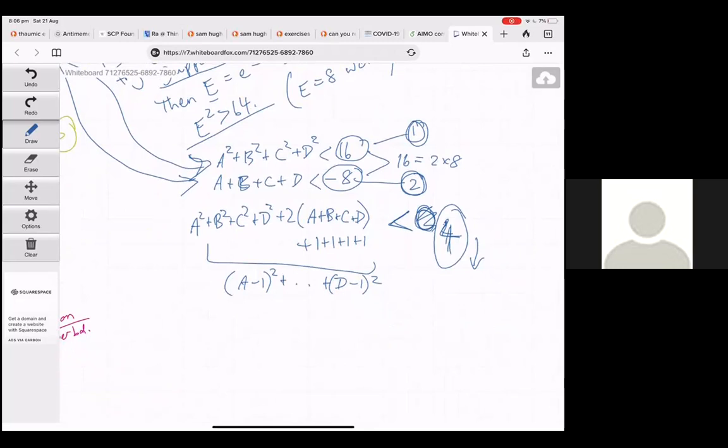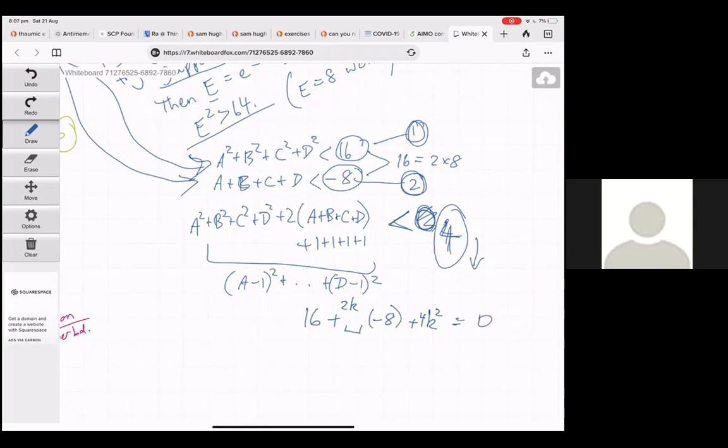So if I did 16 plus some value k times negative 8, 2k, plus k squared, 4 times, then I want to get 0.